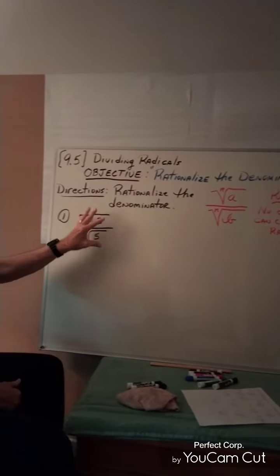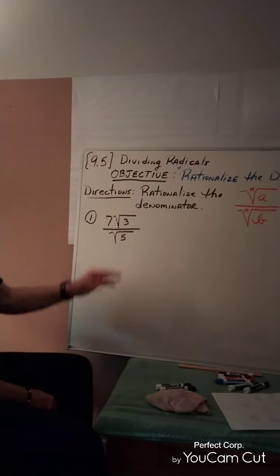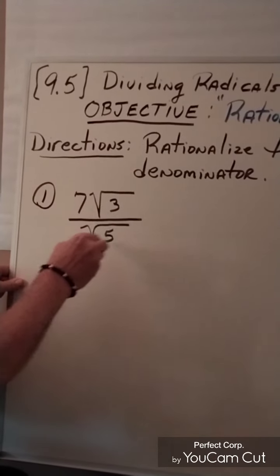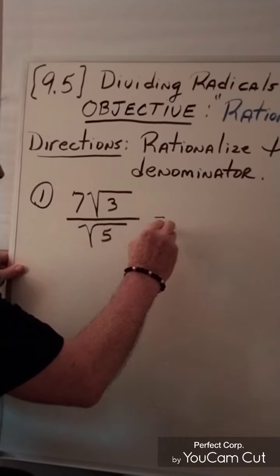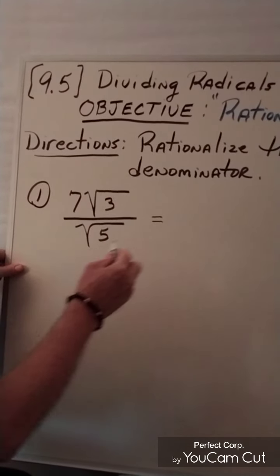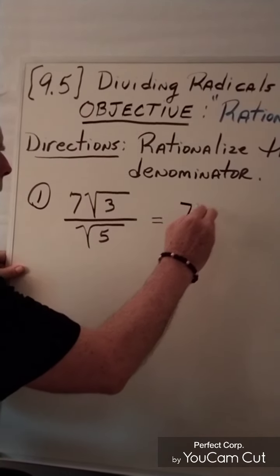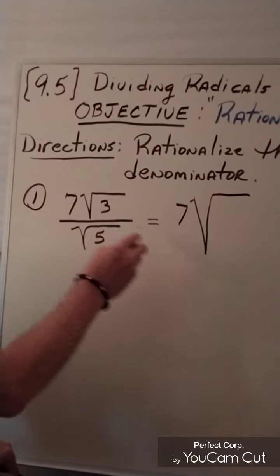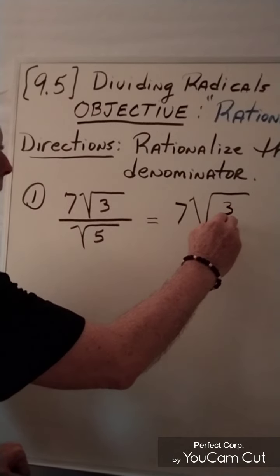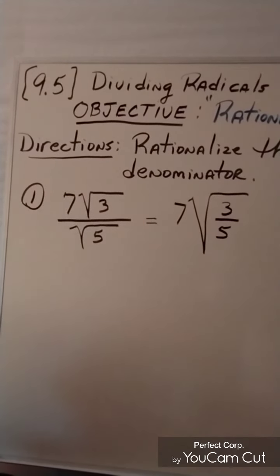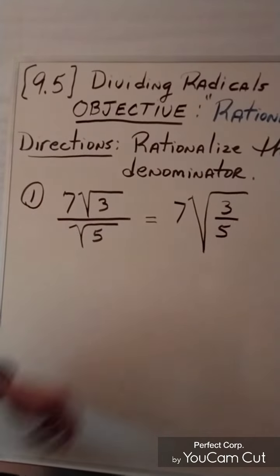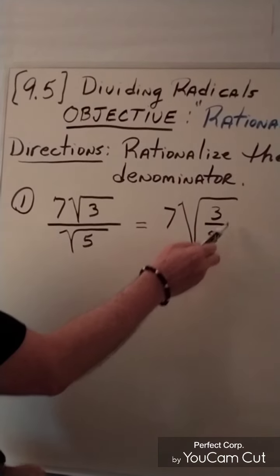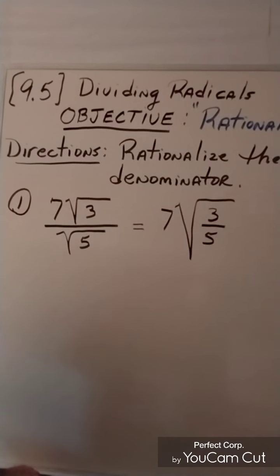So let's try to do something with this based on what we've already talked about. This expression is equal to 7 multiplied by the radical of 3 over 5. That's what the quotient rule of radicals tells us. But let's look at this new statement that we just created.